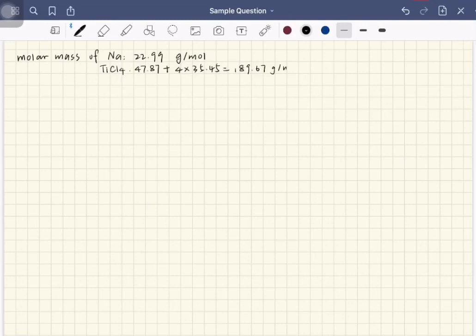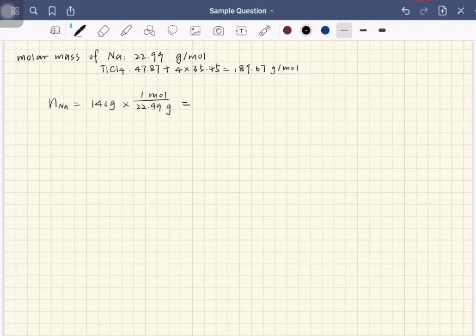Then, since we are provided with the mass of both sodium and titanium tetrachloride in our question, we can calculate how many moles of sodium and titanium tetrachloride there are by multiplying the mass from the question with the reciprocal of the molar mass that we calculated previously.